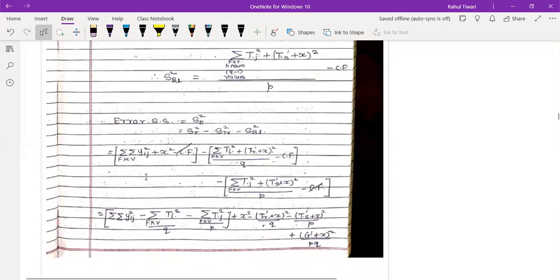Just collect the terms. Suppose I am collecting this first term, then this term divided by q will be one term, and this term will be separated. Everywhere the first terms will be taken together, and plus this x squared will remain as it is.